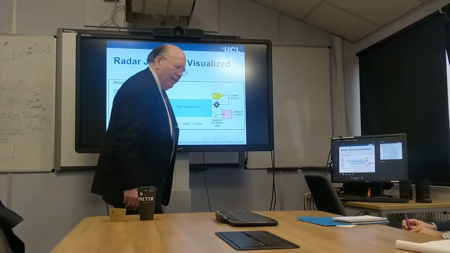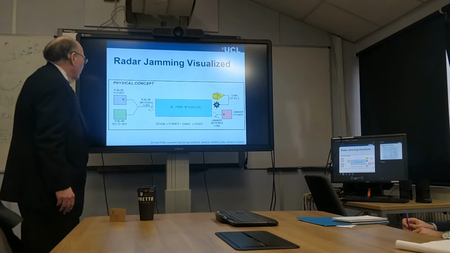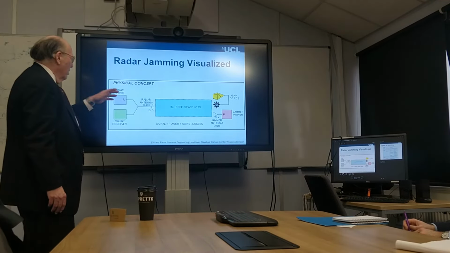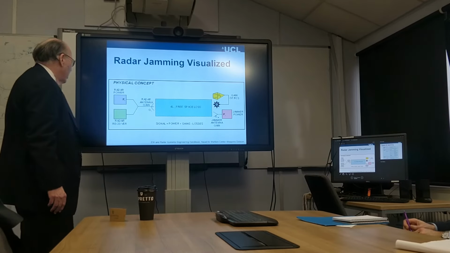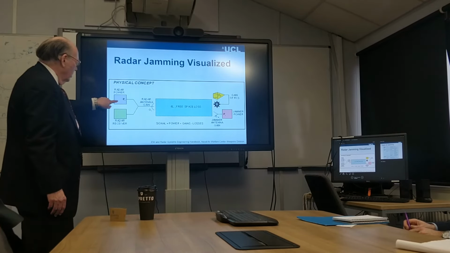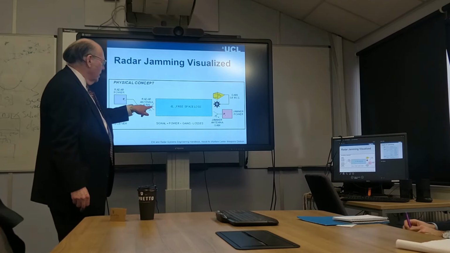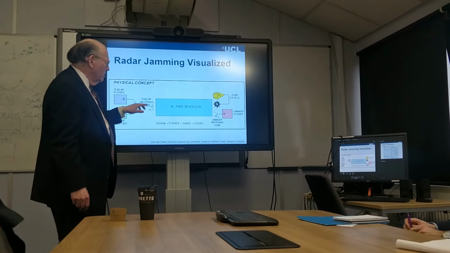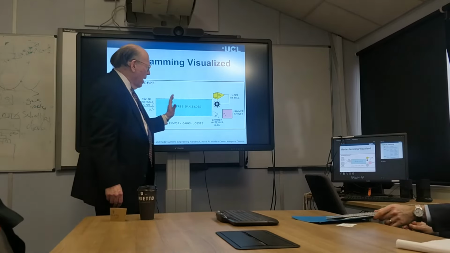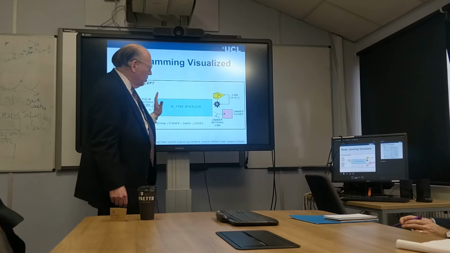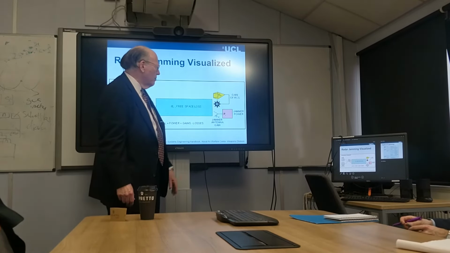So we look at the jamming from a visualization point of view. We have a radar, and it transmits power from an antenna, which has a certain gain, and there's space loss as that signal propagates to the target.